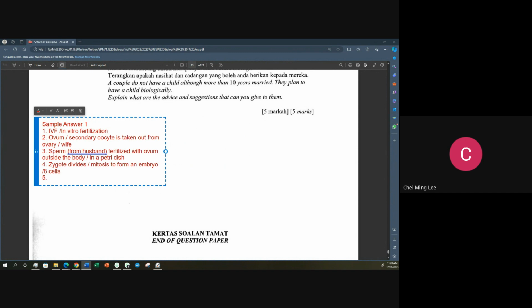And then the embryo is inserted back into the wife's uterus for implantation.